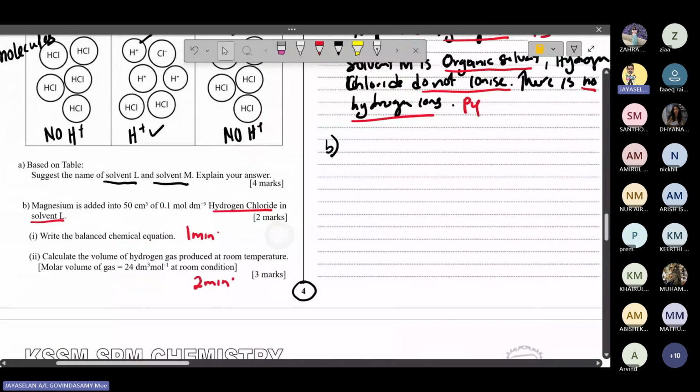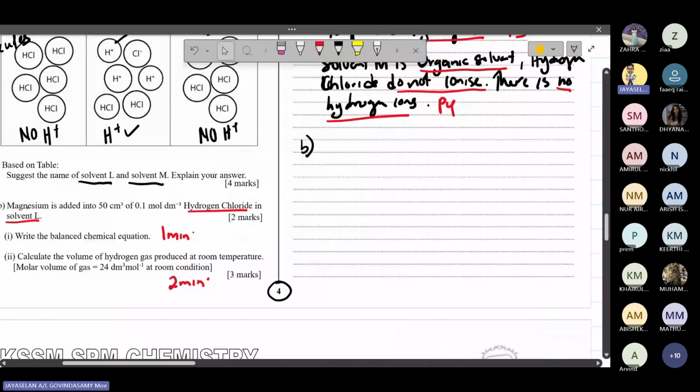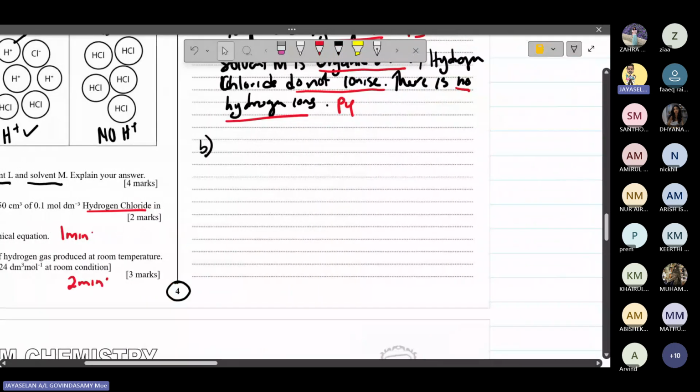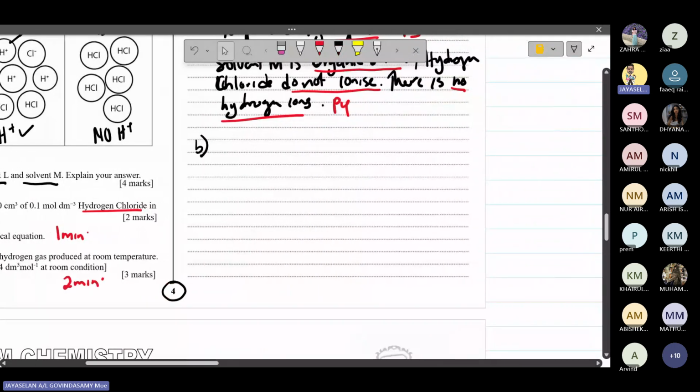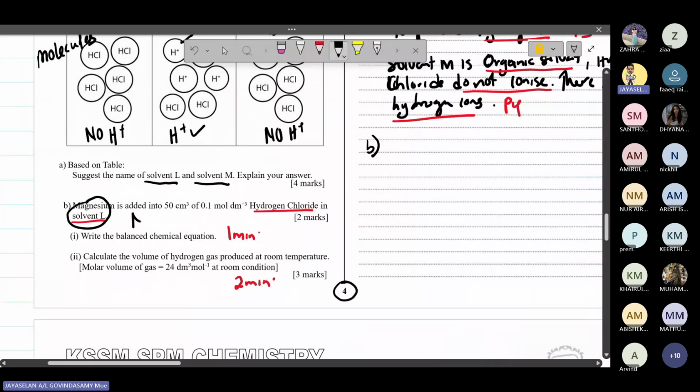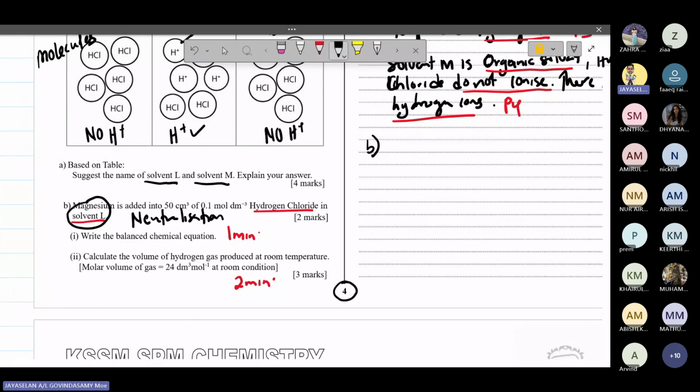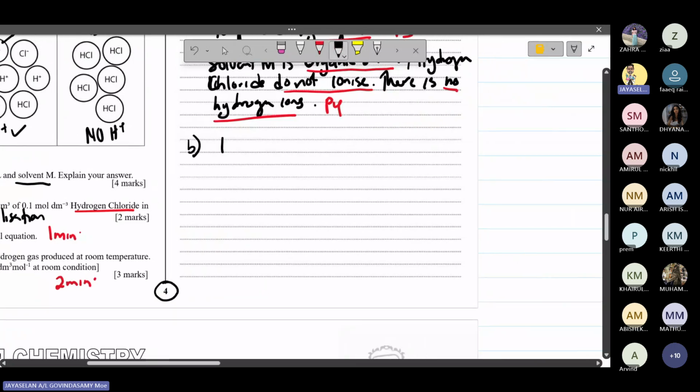Okay, so they take magnesium, react with hydrogen chloride in solvent L. That means it has already turned into hydrochloric acid. So what is the name of this reaction? If asked what is the name of the reaction, don't waste your marks. Neutralization. Okay, many students like to do it like this, even Diana also.